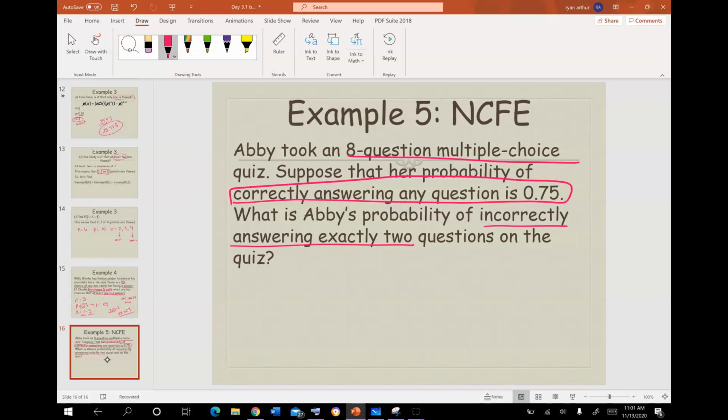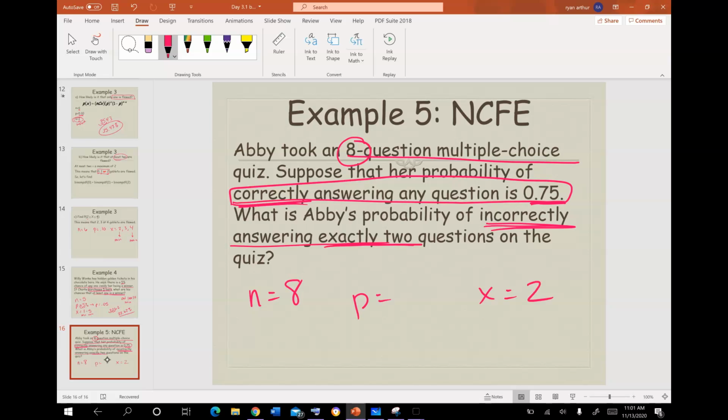All right, so let's write this out. Let's see what I'm talking about. Okay, so we need our N, P, and X. So my N, 8 questions total. Okay, she has a 0.75 chance of correctly answering. Okay, but I want to know exactly 2 incorrect.